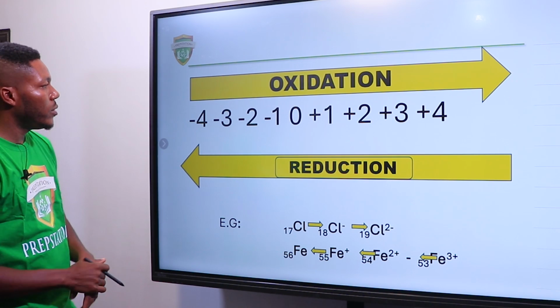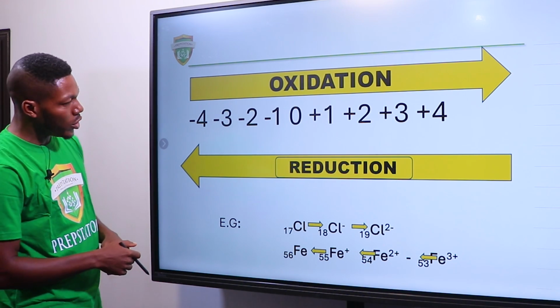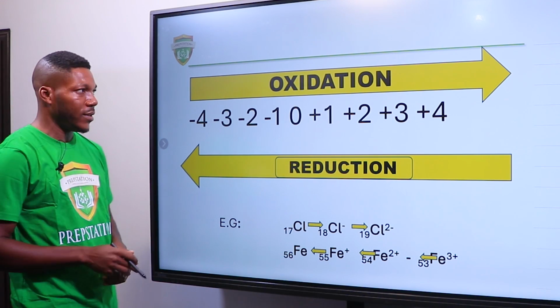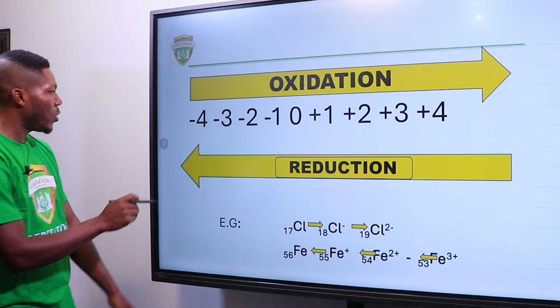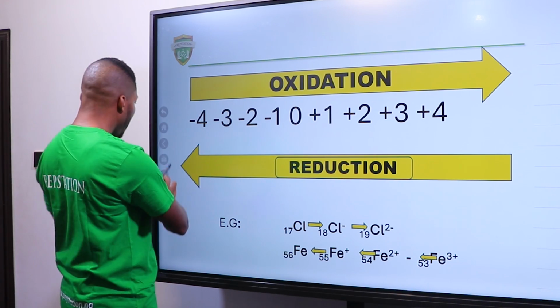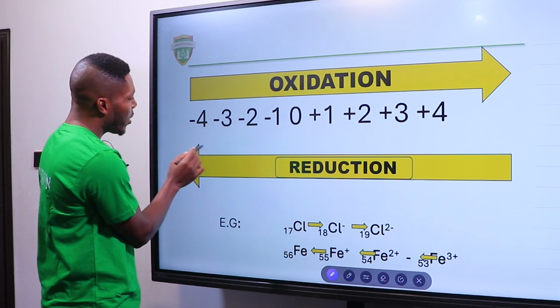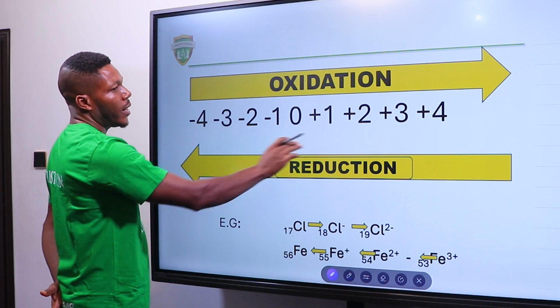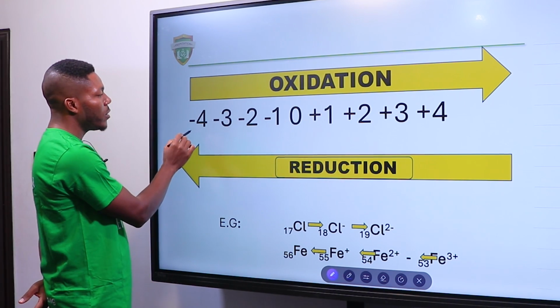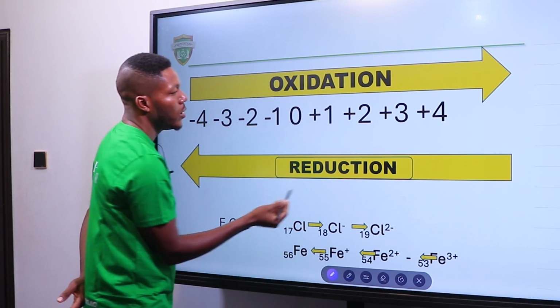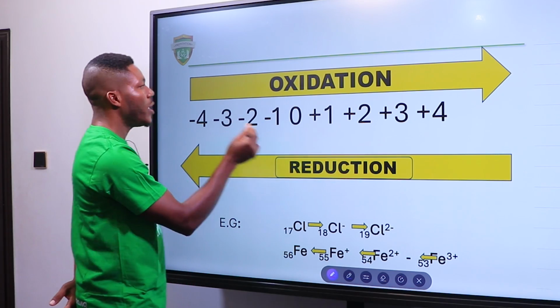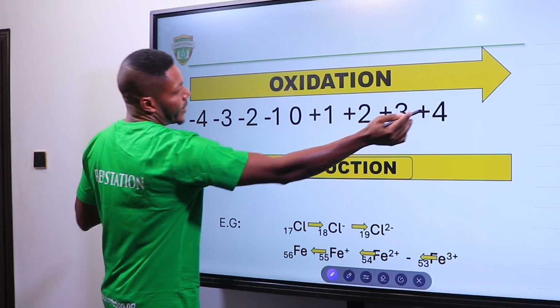Now, this is a little table that will give us more understanding about the processes. Look at this very well. Look at the direction of the arrow. The arrow is pointed both forward and backward. Looking at this number, this is like a number line. From -4 to +4, something is happening when you're moving from left to right.